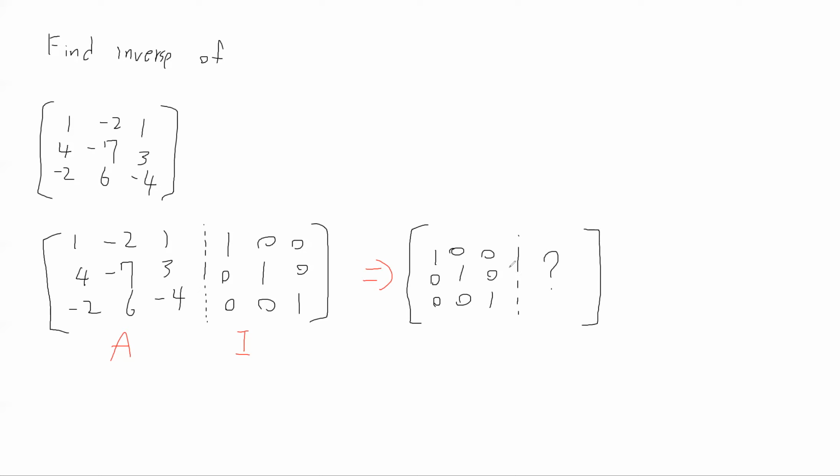Because of elementary row operation, we have to perform it on the entire row. So remember that we do this through elementary row operations, or we want to get to the reduced row echelon form. Okay, so let's get started and let's see what we end up with.